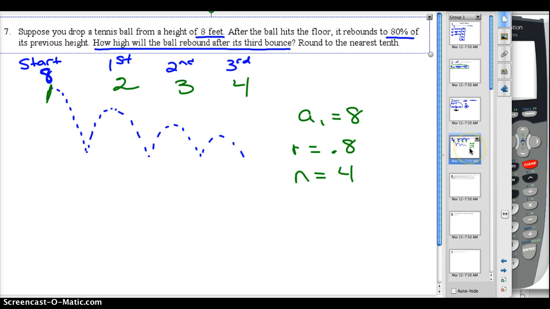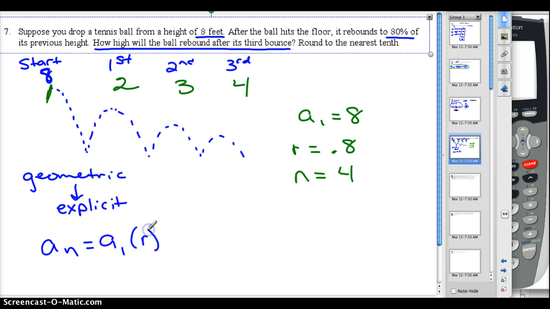So we are in geometric. When I look at my blue chart for geometric, and then underneath there I find the explicit formula. I find that my formula, a sub n, equals a1 times r to the n minus 1.